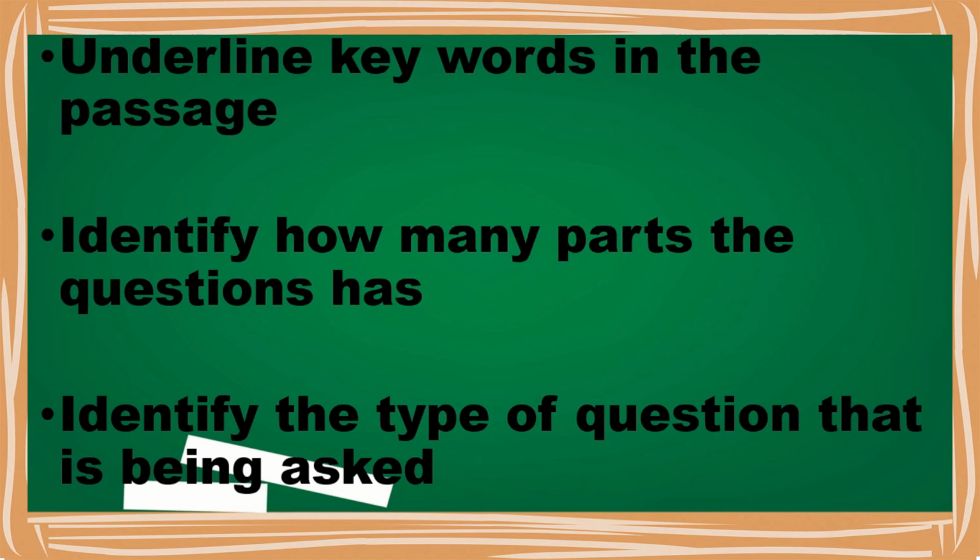The question may say, identify 5 reasons why, or which of the following is not, or all of the following is a reason except. Now, these keywords can throw us off, and so we need to pay attention to those keywords when answering your questions. Read the question carefully, underline keywords if possible.